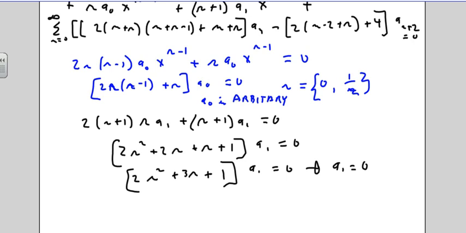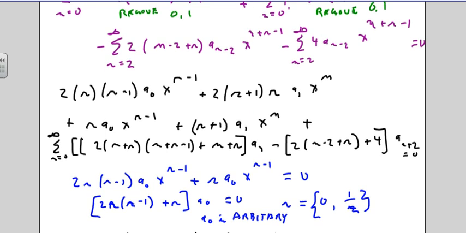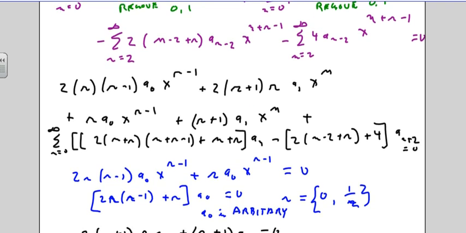And my recurrence formula is going to be a n. This is an minus 2. I have an an plus 2 there. How inconvenient. An minus 2.